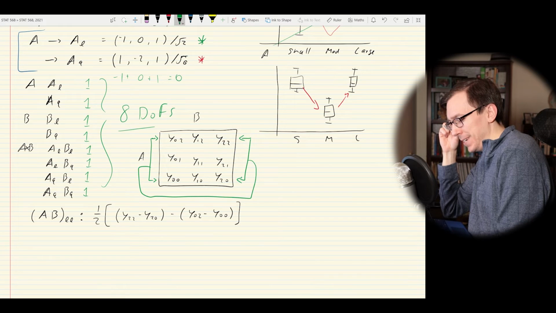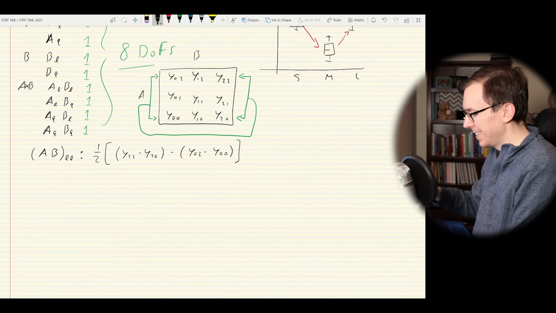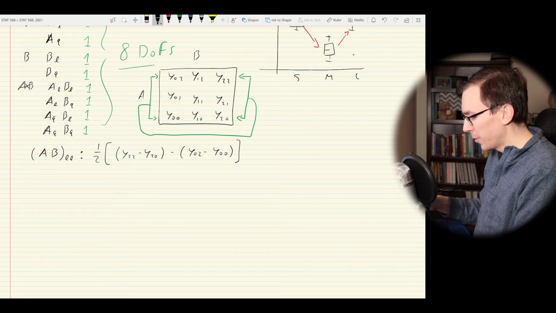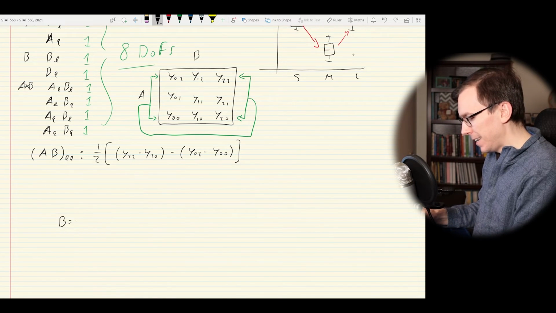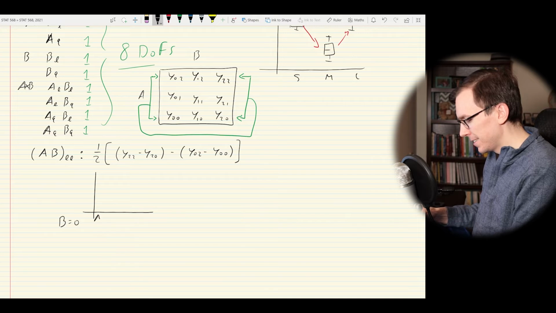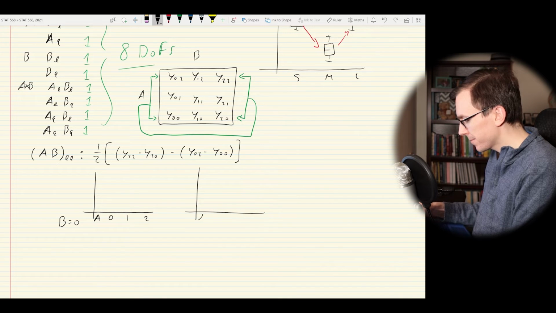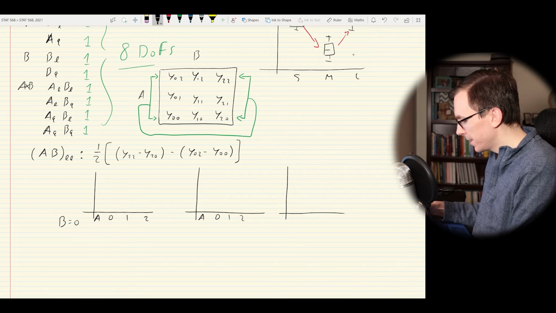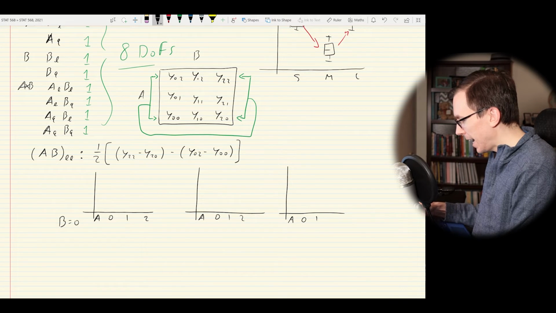So what does that mean? Well, an example, going back to my box plots, would be like saying, if we want B0, I'm just going to write 0, 1, 2 for my factor levels. A 0, 1, 2, and A 0, 1, 2.